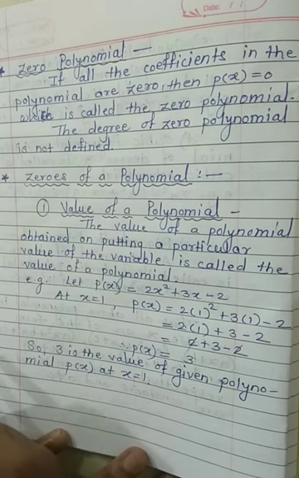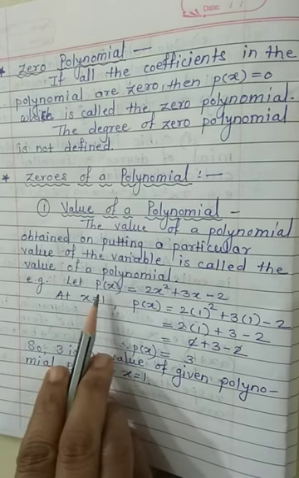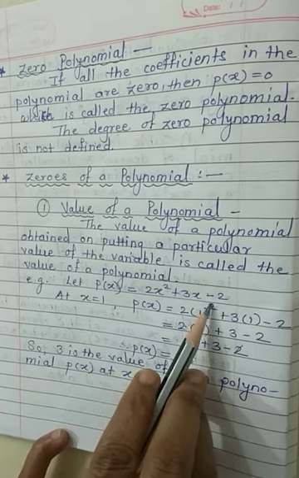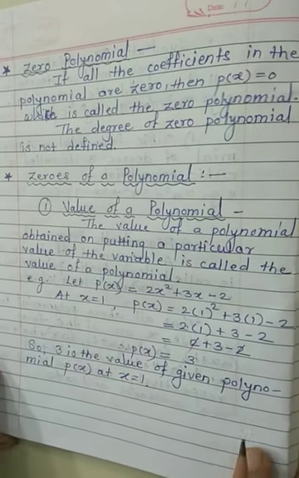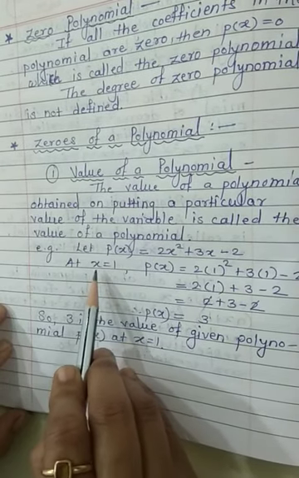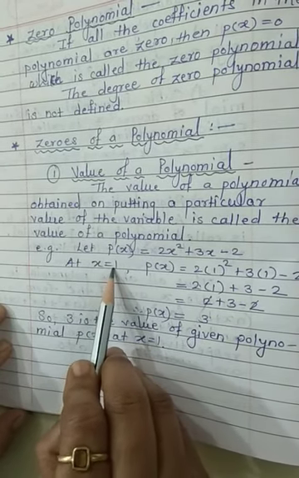The value of a polynomial obtained on putting a particular value of the variable is called the value of the polynomial. Let us take one example. P of x is equal to 2x square plus 3x minus 2 is one polynomial. Now at x is equal to 1, that means put the value of the variable as 1.